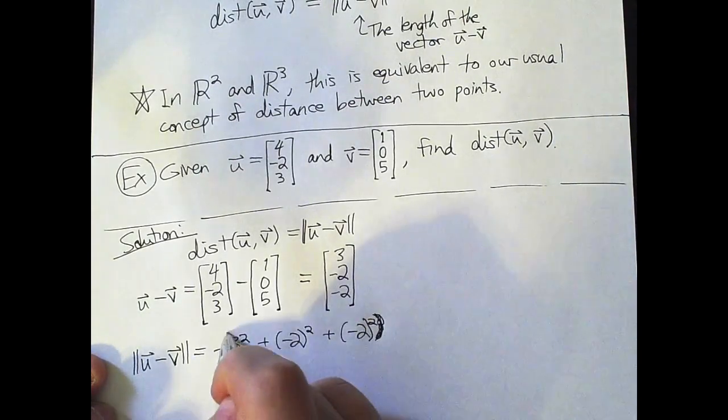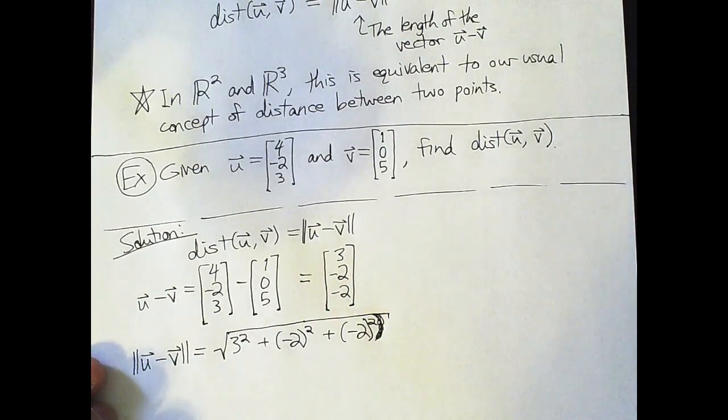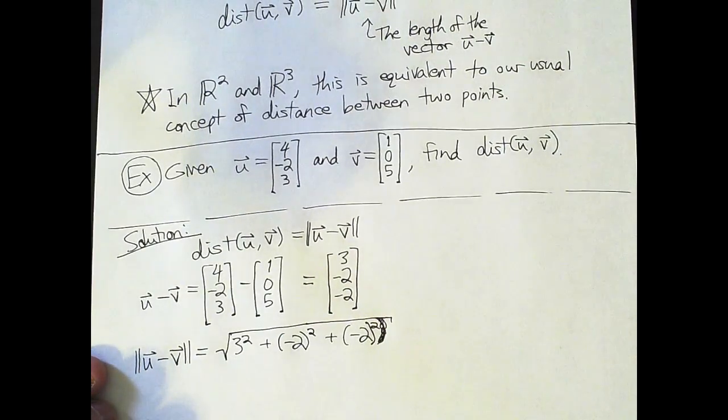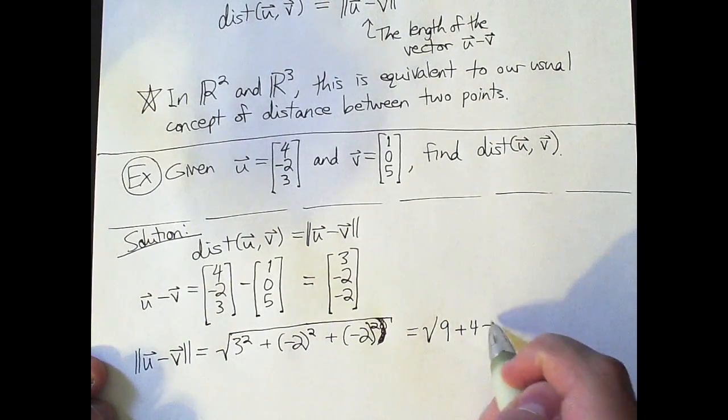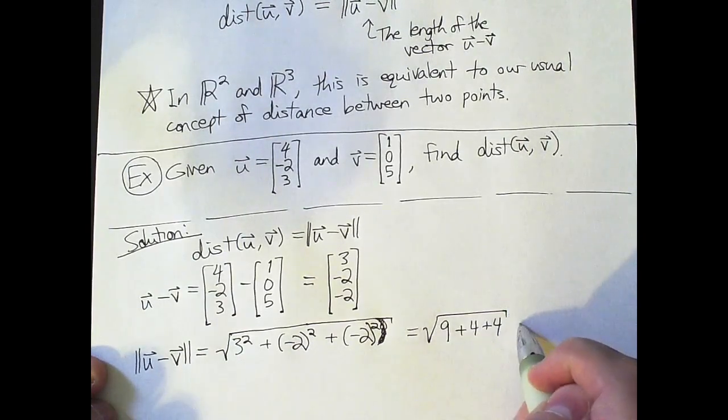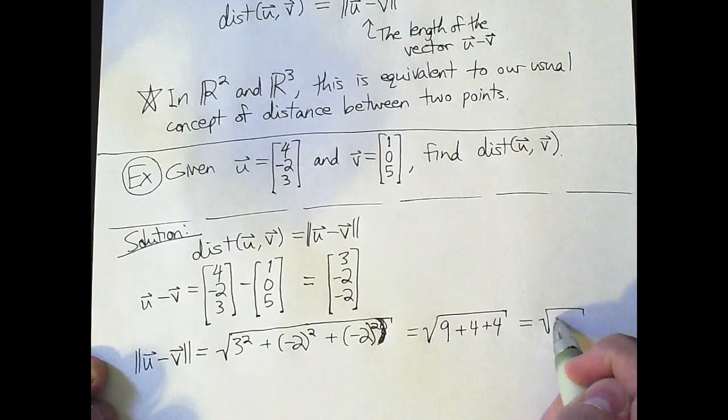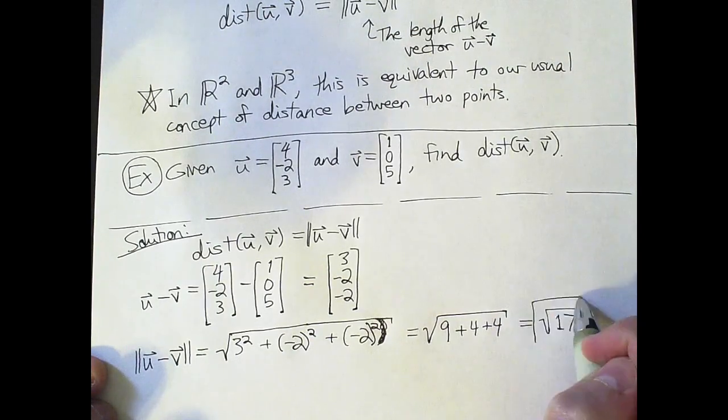The square root needs to go over this whole thing. Okay, so that looks good. So you should have gotten that this equals the square root of 9 plus 4 plus 4, which equals the square root of 17. And that's going to be the answer.